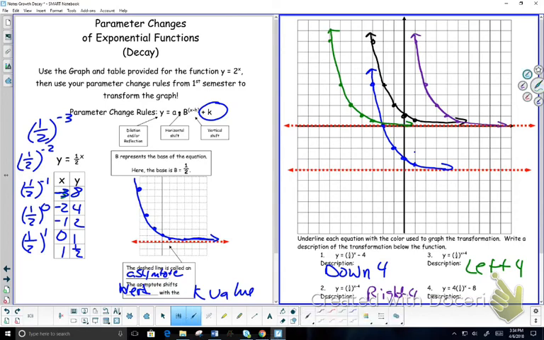The last scenario, you have 2 things happen. You got a 4 on the outside, you got a minus 8 on the outside, which means both of them are going to impact what? The x's or y's? The y's. The 4 is going to multiply the y's first, and then we're going to subtract 8 from that value. So starting at that same point, 1 multiplied by 4 is 4, and then subtract 8.